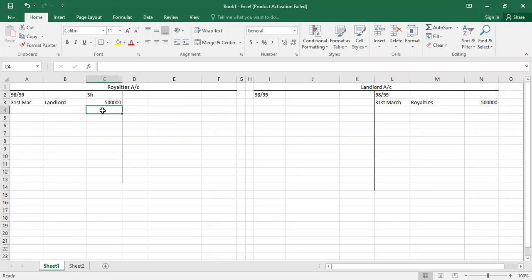You can make the subsequent years because there is not much ado in this particular transaction. The year that followed is 1999, 2000. Let me copy paste this.